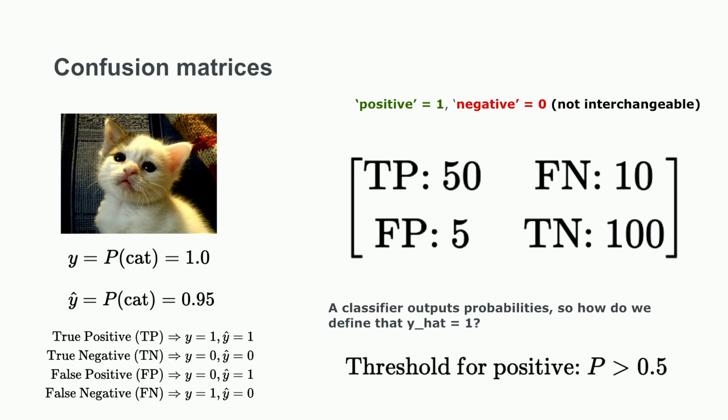However, there is no rule set in stone saying that we need to use this threshold. If we were to use a much higher threshold, for example, 0.99, we would say that this is not a CAT. The prediction from the machine learning model would be a negative then.